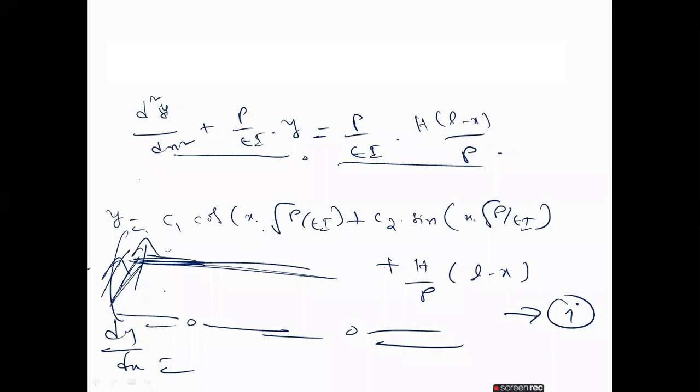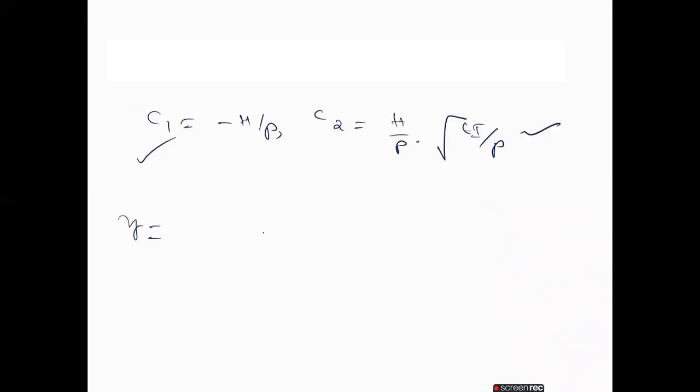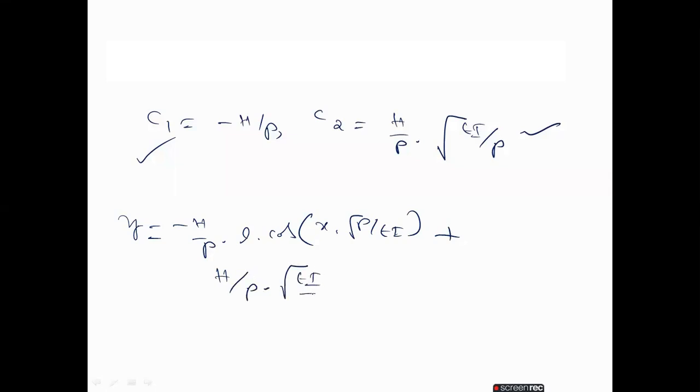Okay, now I will substitute here: y equal to minus h by p into L into cos x into square root of p by ei, plus h by p into square root of ei by p into sin of x into square root of p by ei, plus h by p into L minus x.